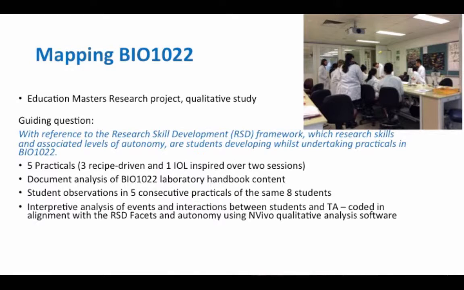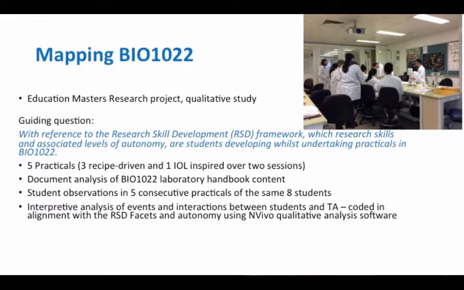And it's always been very difficult to get our skills into the sciences, and I think it's got something to do with the way that we conceptualise research skills as something that a researcher does, or that science academics in particular conceptualise it as something that a researcher does, and not necessarily something that an undergraduate student might be developing as part of their undergraduate learning.